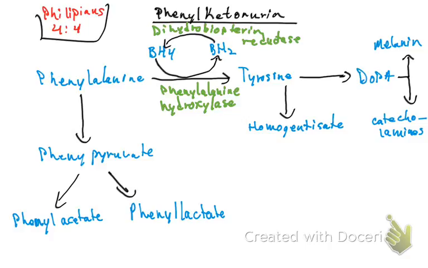And then homogentisate can go to maleylacetoacetate. But you might say, it's been a while since I saw any enzyme. Yes, so now we're going to see another enzyme. When you go from homogentisate to maleylacetoacetate, you need another enzyme, and this one is called homogentisic acid deoxygenase.